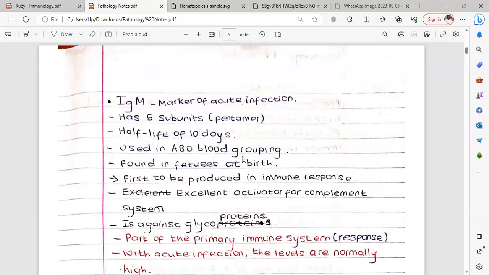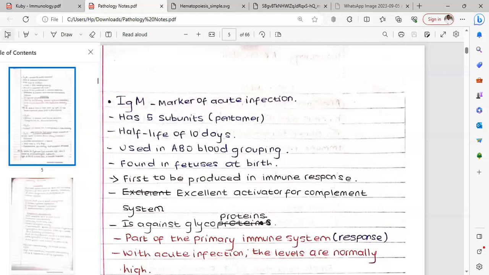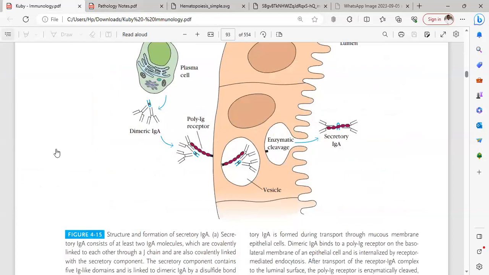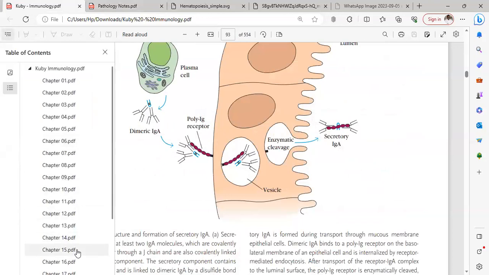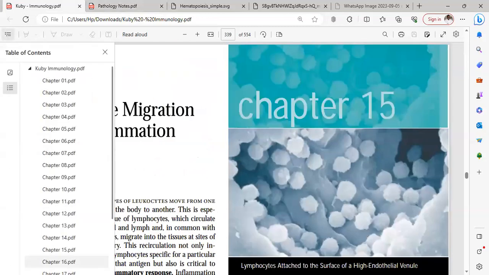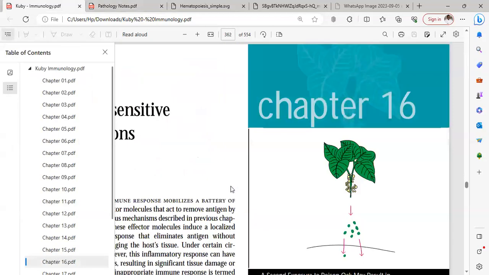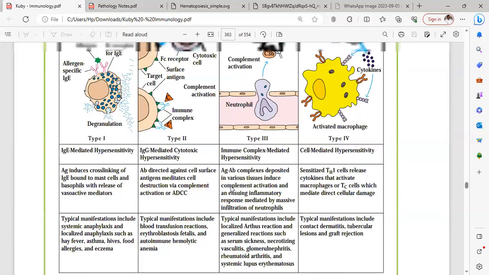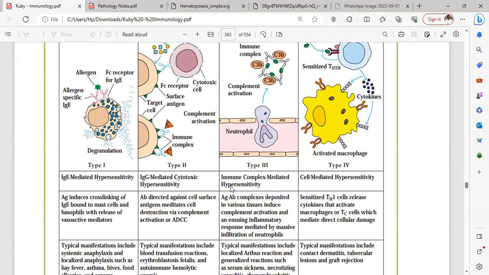So we can go back to hypersensitivity reactions. That should be chapter 16. There's a nice diagram that we'll use, hope it's visible.